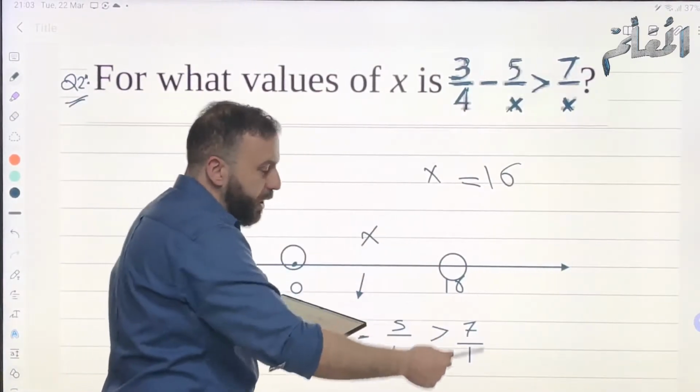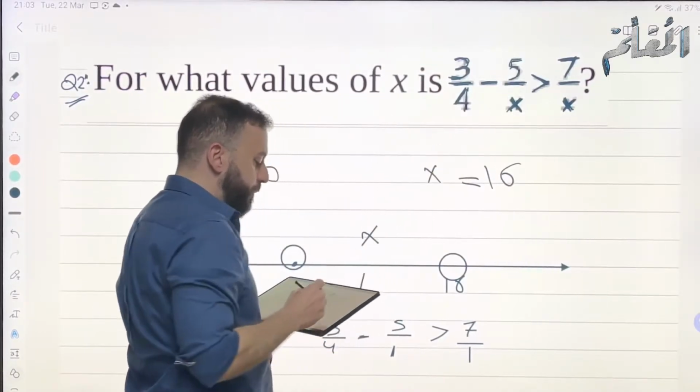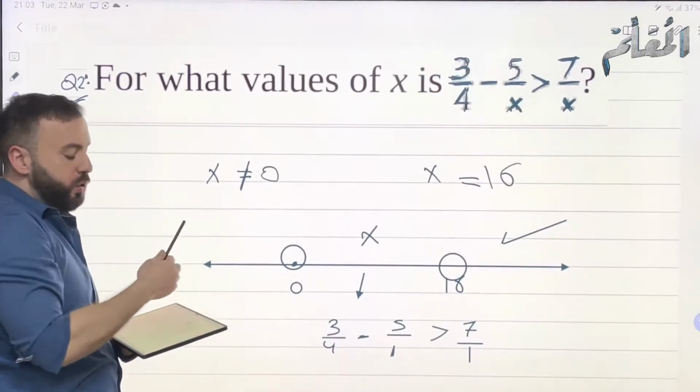To make a shortcut, just use 17 in the place of x. This is going to work. Check also before 0, that's also going to work.